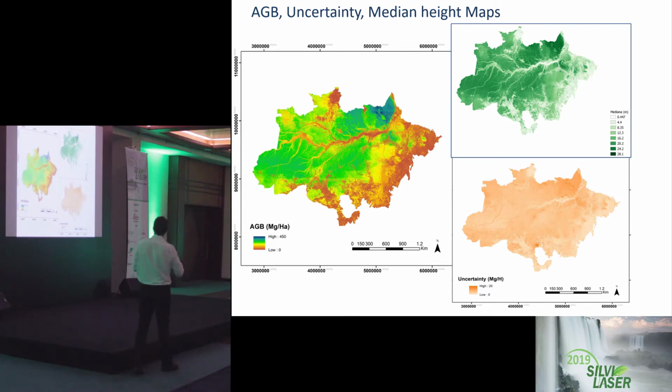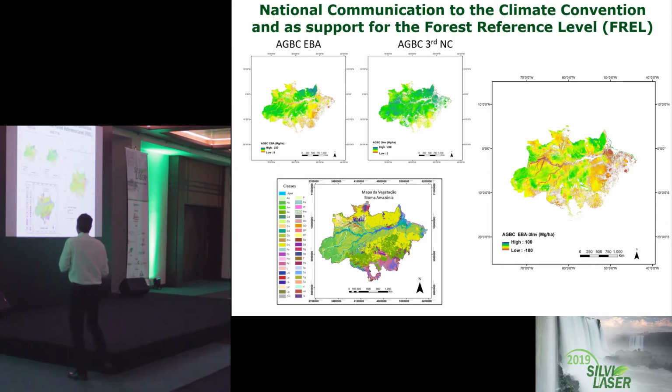Then we also looked into the structure of the forest, not perfectly, but in terms of the mean height of the system. So how does this come back to reducing the uncertainty for a national communication, for instance? Here is the whole diversity of vegetation types in the region, and this is the base for the previous map, which was this one here. Then we're comparing those maps.